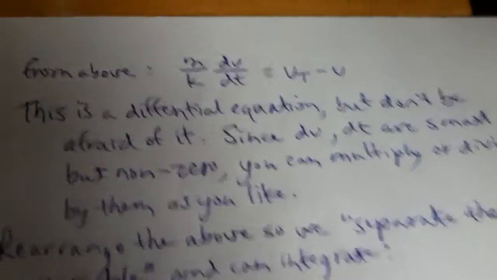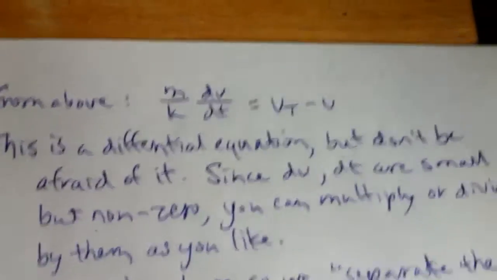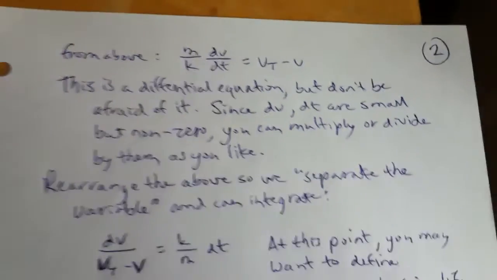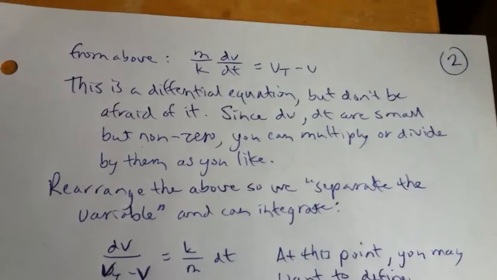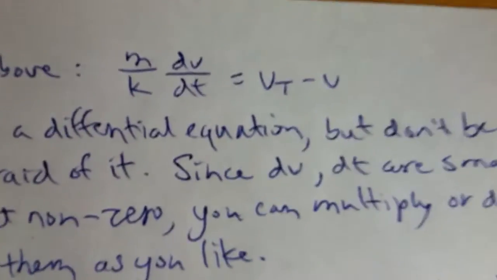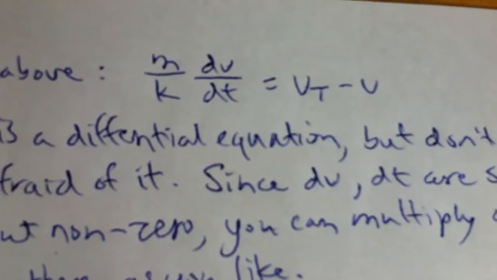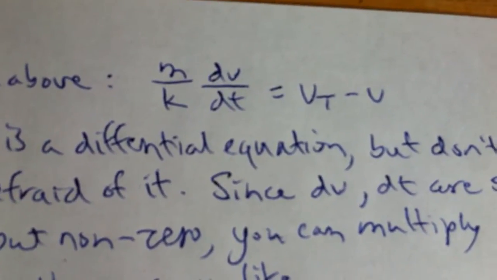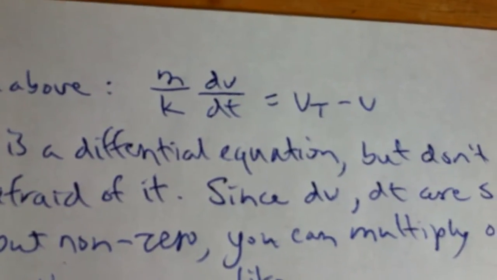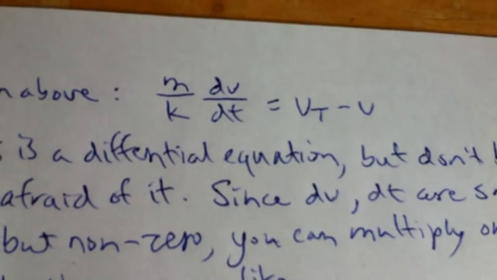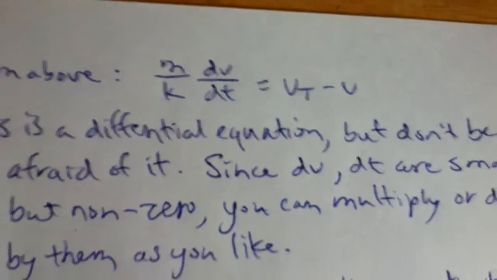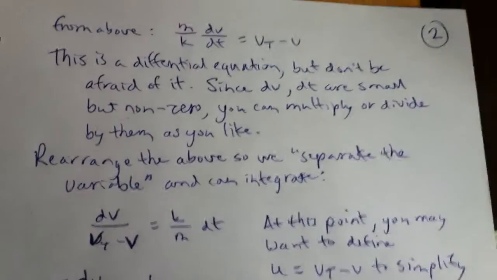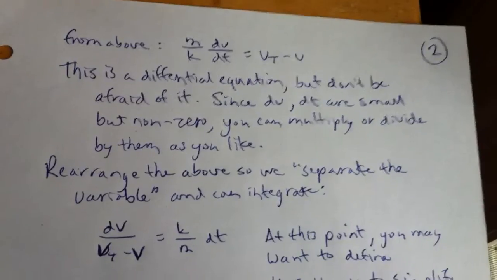We're now going to go to page 2, and we're going to carry over that expression. Now that's a differential equation, but don't be afraid of it. Notice that dv and dt are very small, even infinitesimal, but they're not 0. Since they're not 0, we can multiply or divide by dv or dt as we see fit.